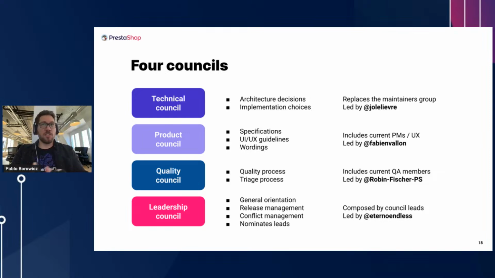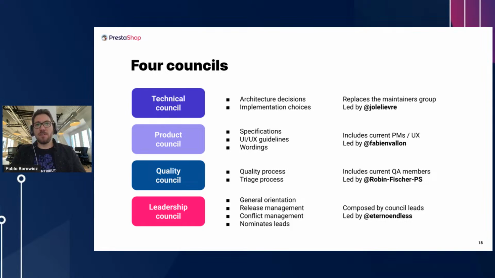So it's essentially the same thing with a different name and more autonomy. And the newest is that it's going to be led by Jonathan Lelier, who is a well-known developer in the company, a maintainer currently. So he's going to lead this technical council.